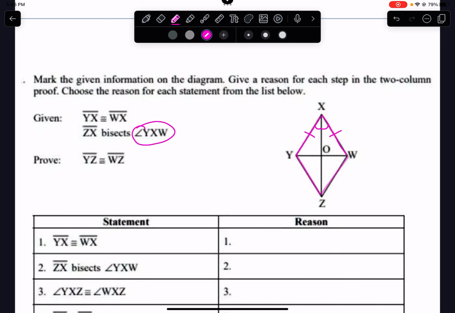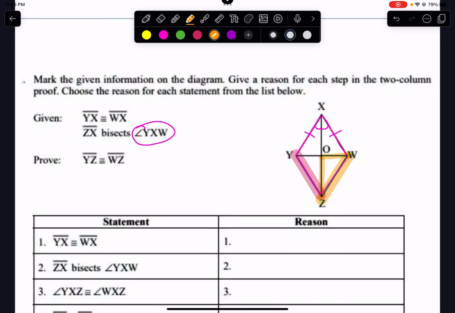So we have to look and see, okay, YZ and WZ, what triangles are they a part of? Because there's a bunch of different triangles here. But if I want YZ and WZ to be in the triangle that I'm going to be highlighting, I have to look. I could highlight this triangle.